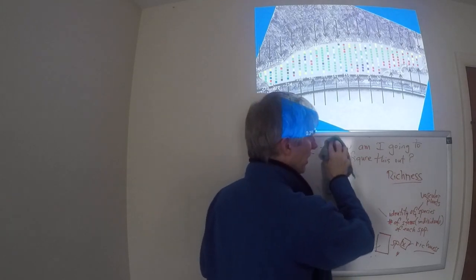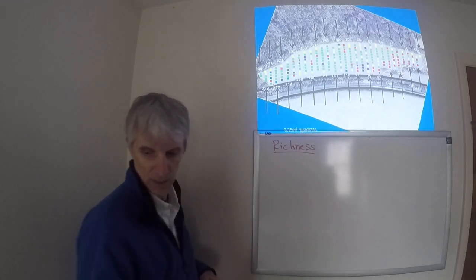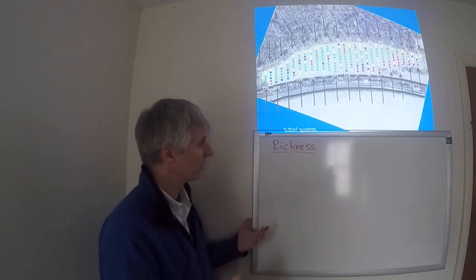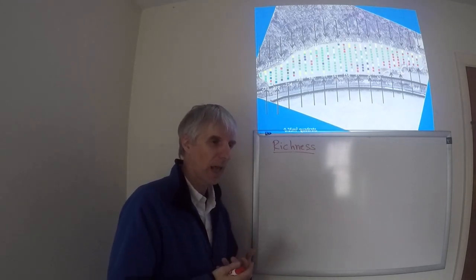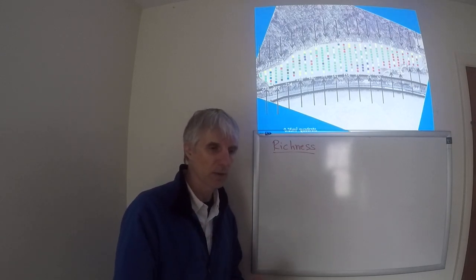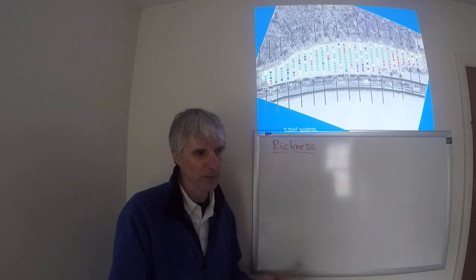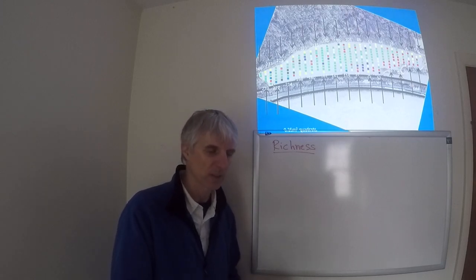Again, we're trying to figure out how you're going to determine the richness in the community, given that you're going to have to look at a lot of quadrats. The more quadrats you look at, the more likely you are to pick up some of these rare species. If you don't look at enough quadrats, you won't pick up any of these rare species.